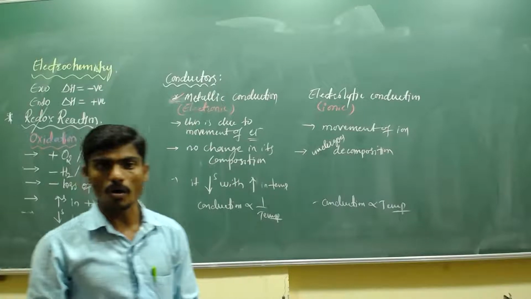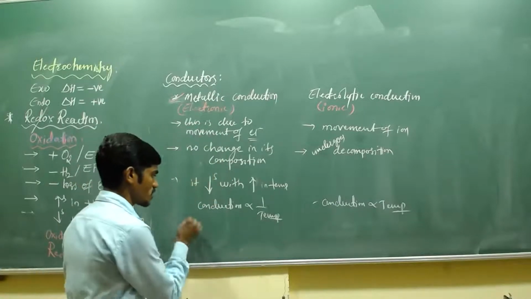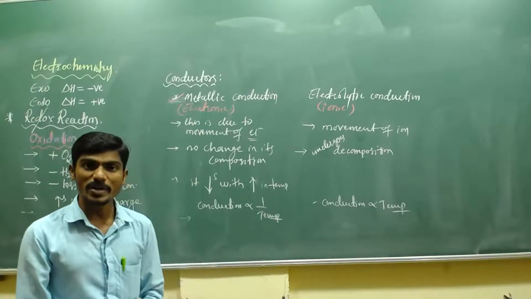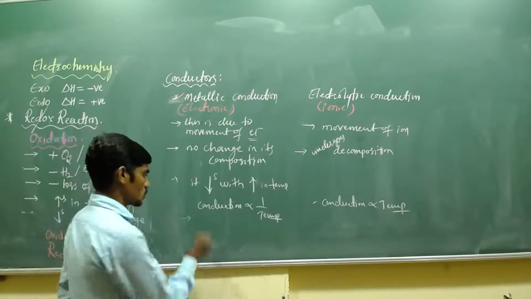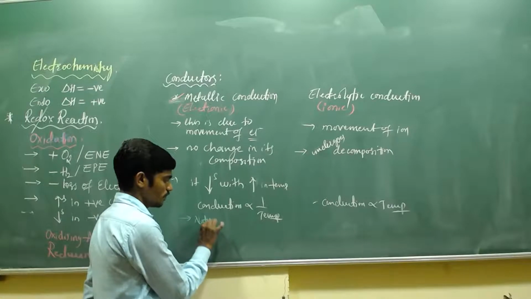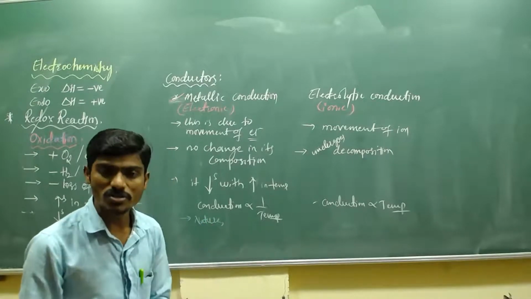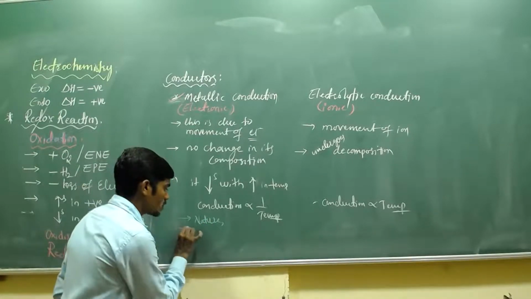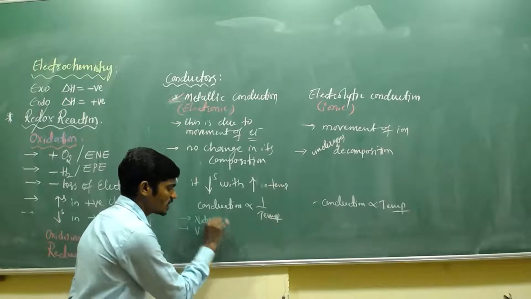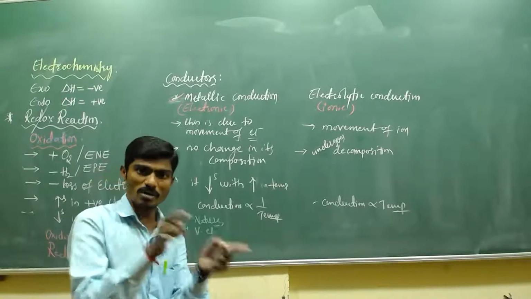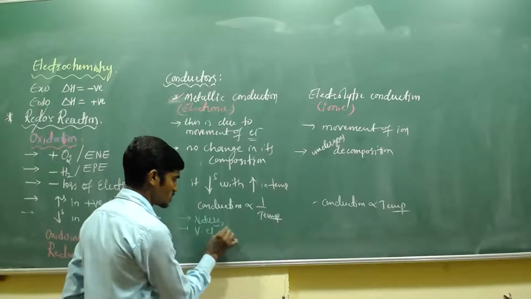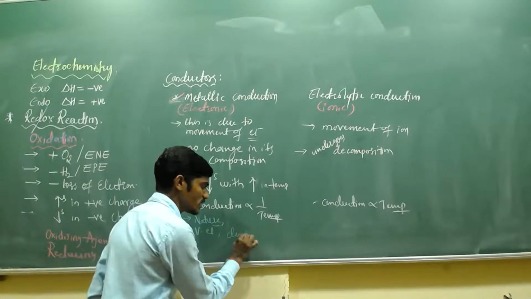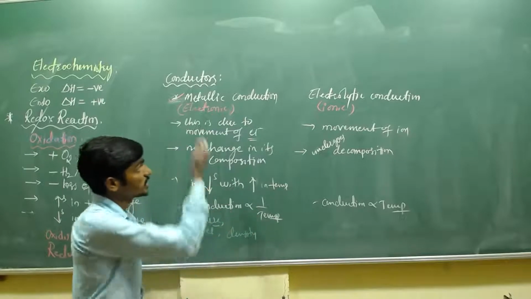It depends upon the nature of the metal and its crystal structure. It depends upon the number of valence electrons. If there are more valence electrons, conduction increases. It also depends upon the density of the crystals, the density of the metal.